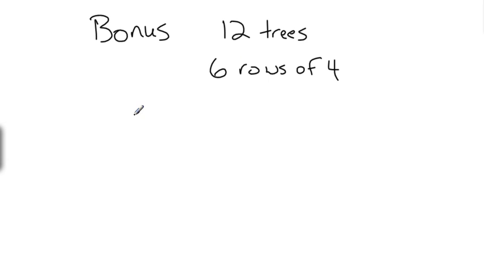Now, some people say it's tricky, and that's the point of it being a bonus question. It's not supposed to be easy. You would start off with 1 row of 4. I'm going to say that's my 1 row.